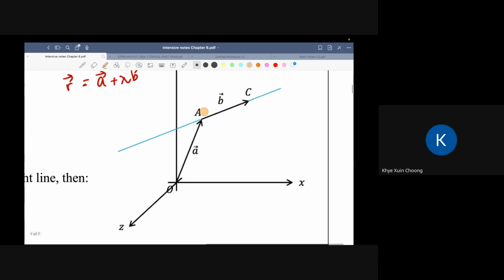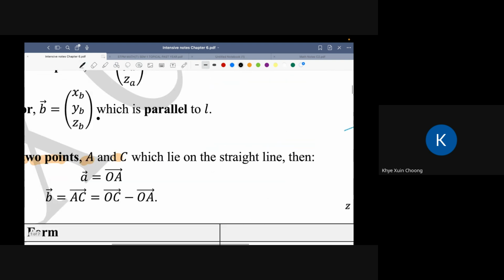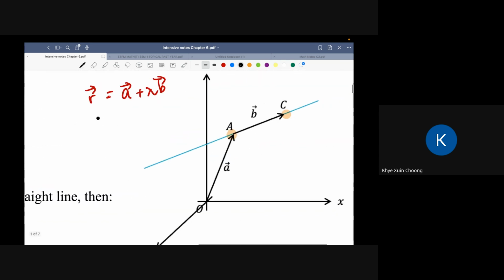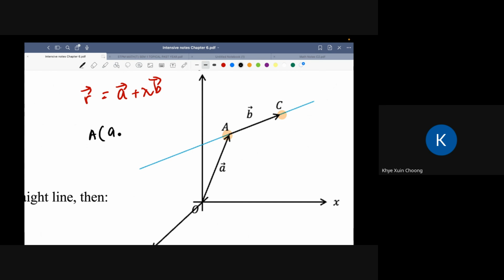So if they give you the coordinates of this point and this point, but they didn't give you these two vectors, if you have the coordinates of A, actually you already have the vector A. So let's say if you have coordinates A, B, C, then your vector A is actually the position vector OA, which is written with the components A, B, C.